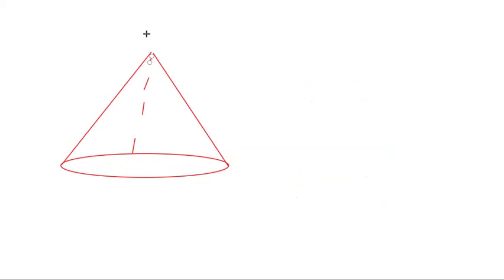This cone, the volume, we're not talking about surface area now, volume, 1/3 times pi times radius squared times height. 1/3 times pi times radius squared times height. Just a matter of plugging in numbers to those formulas.